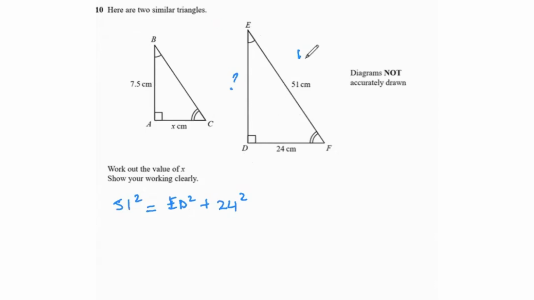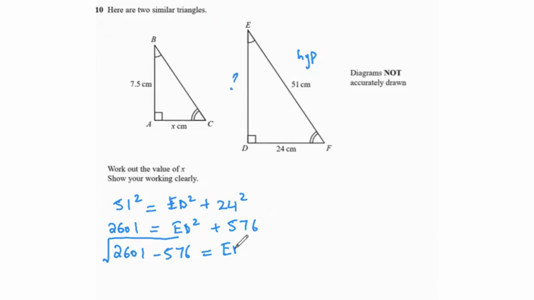EF is the hypotenuse, so hypotenuse squared equals the sum of the squares of the other two lengths. So 51 squared is 2601, equals ED squared plus 24 squared, which is 576. So 2601 minus 576, and then square root gives us the length of ED.